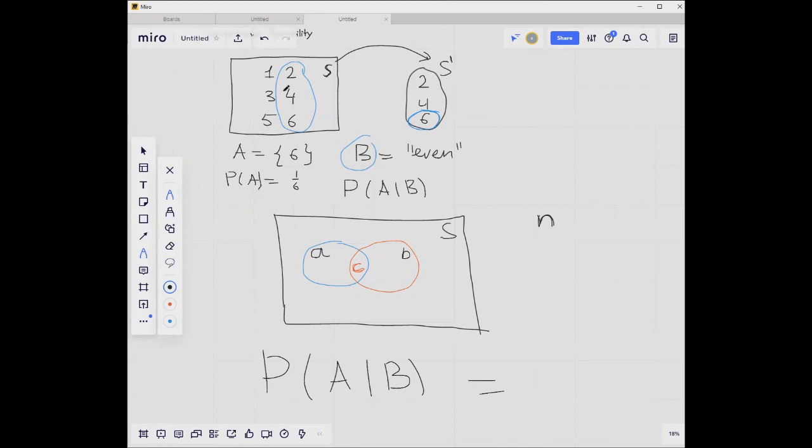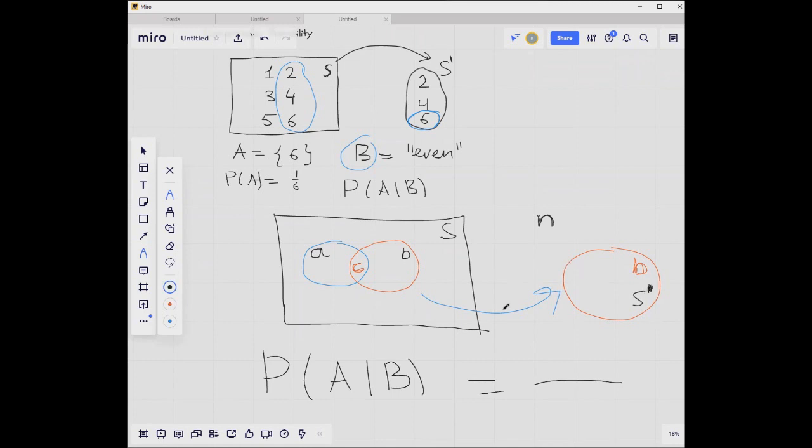Then following the argument in our previous example, this probability is going to be given by the following formula. The number of outcomes in our new sample space, so let me draw our new sample space, is b. So the total number of outcomes in our new sample space is b. Let's call this sample space S prime.